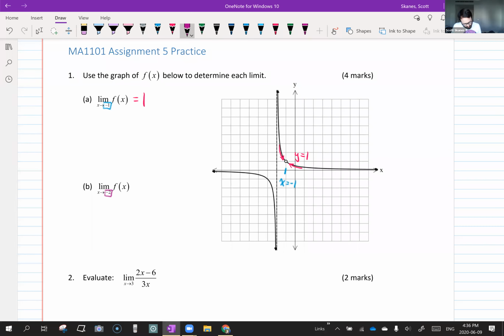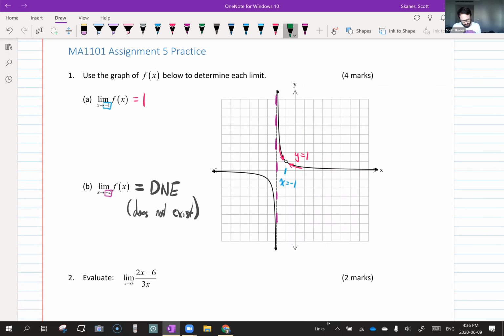The limit as x approaches -2, that's talking about this asymptote. I can see right now, just by looking at it, it doesn't exist. Why does it not exist?